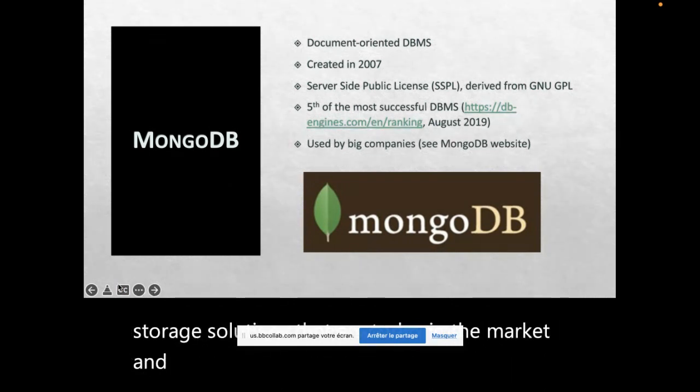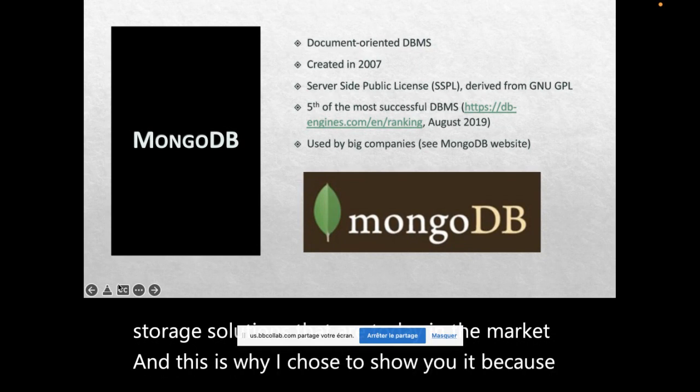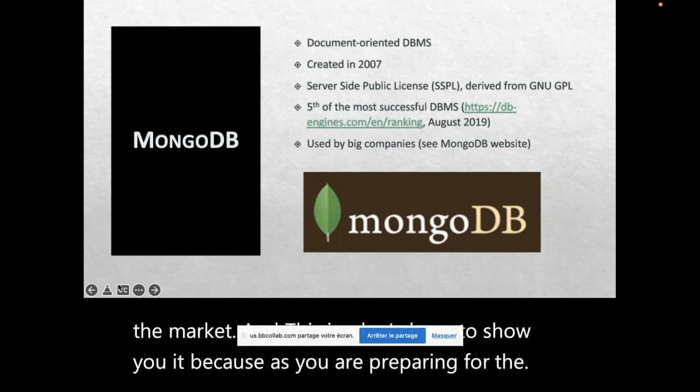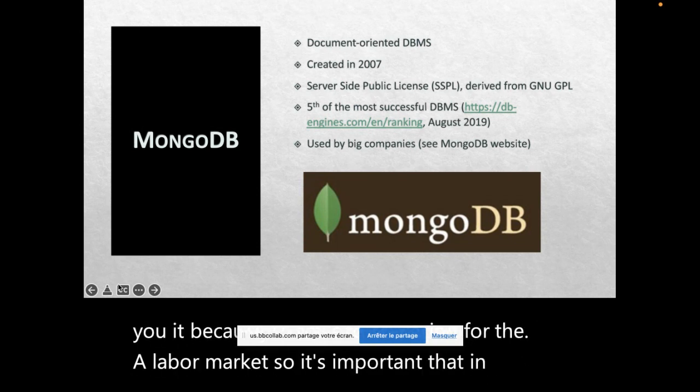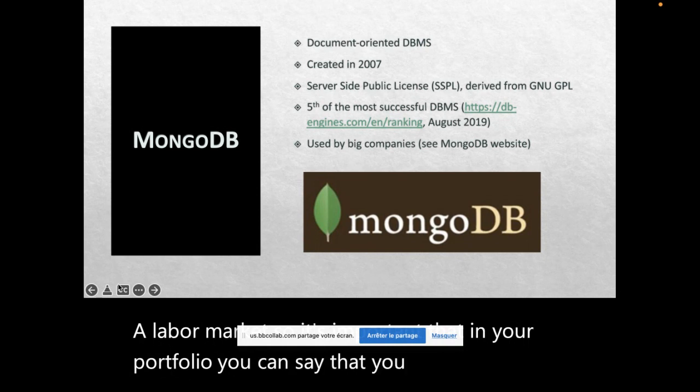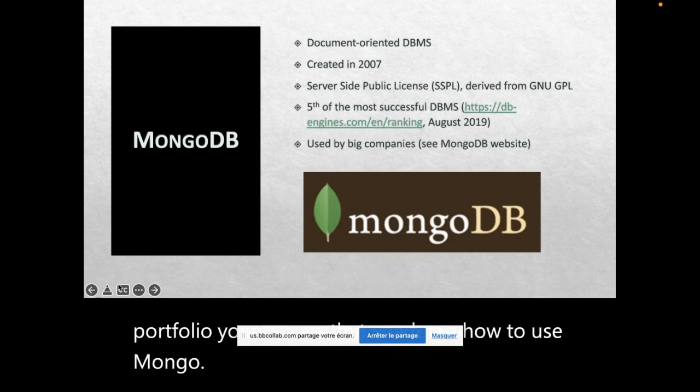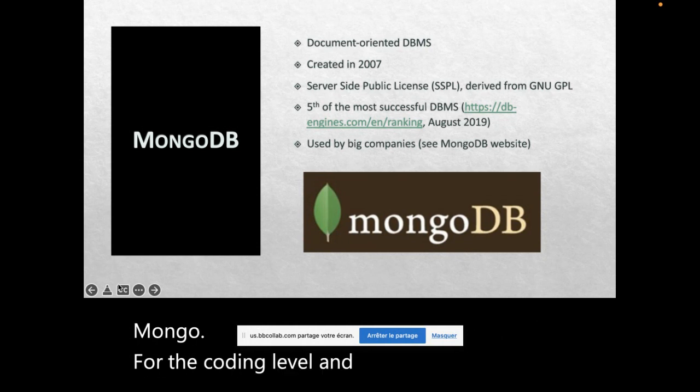This is why I chose to show it to you, because as you are preparing for the labor market, it's important that in your portfolio you can say that you learned how to use Mongo for the querying level, and with some advanced uses.